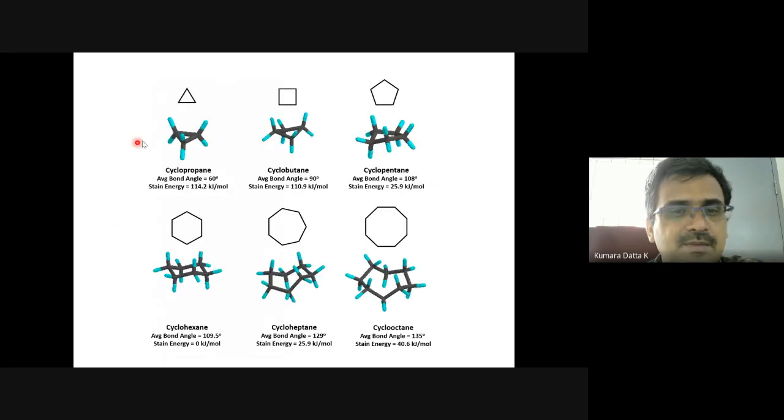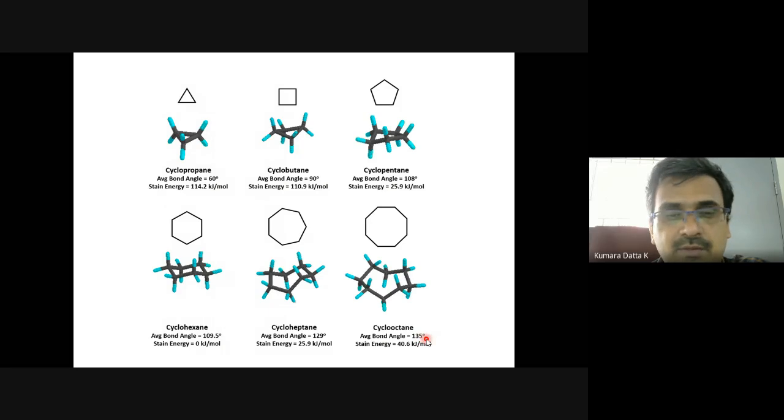Let us see. Before we move on to the other parts, this is cyclopropane, cyclobutane, cyclopentane. We are very familiar, everyone. Cyclohexane, cycloheptane, and cyclooctane. If you look at the bond angle: 60 for cyclopropane, 90 for cyclobutane, 108 for cyclopentane, 109 for cyclohexane, up to 135.